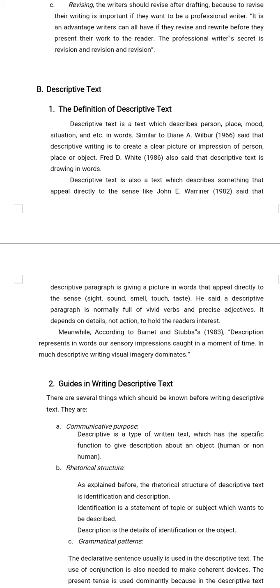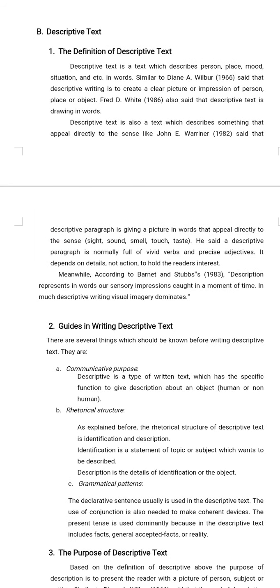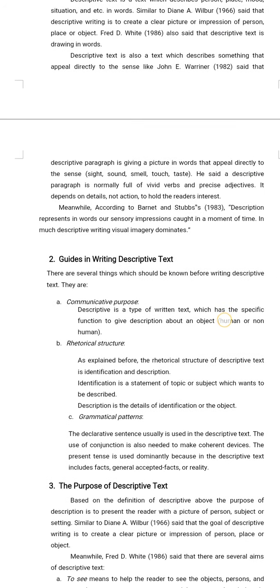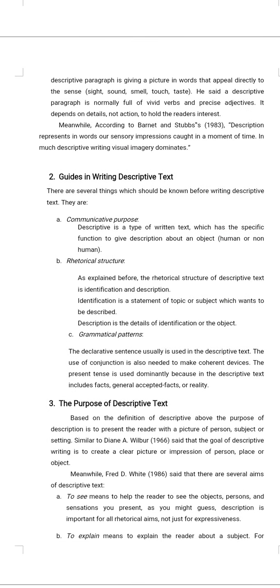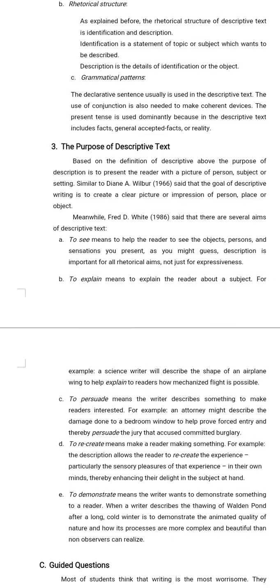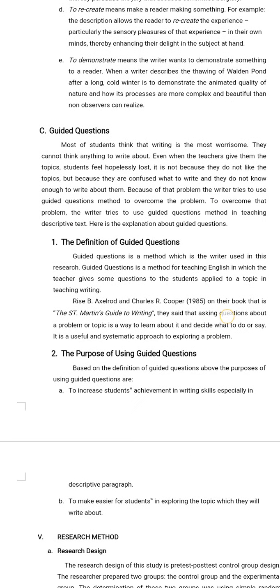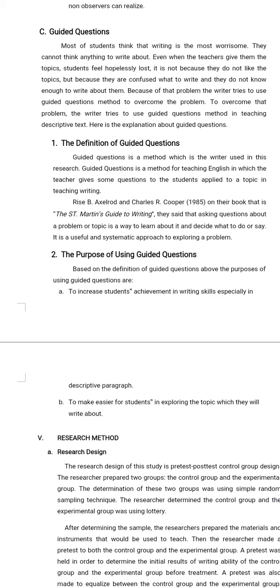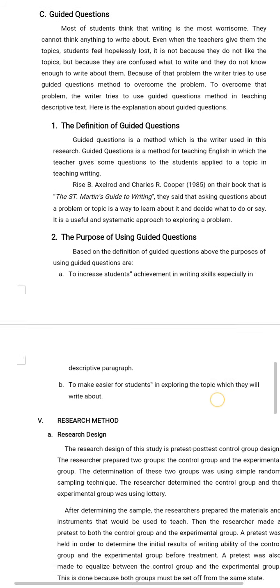And B. Descriptive text: the definition of descriptive text, guidance in writing descriptive text, the purpose of descriptive text. And C. Guided question: the definition of guided question, the purpose of using guided question.